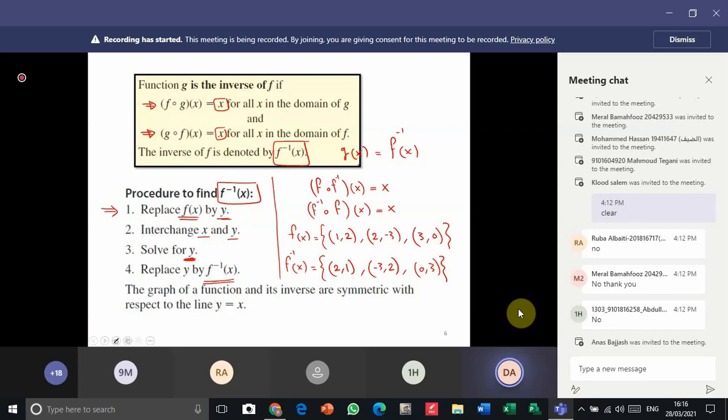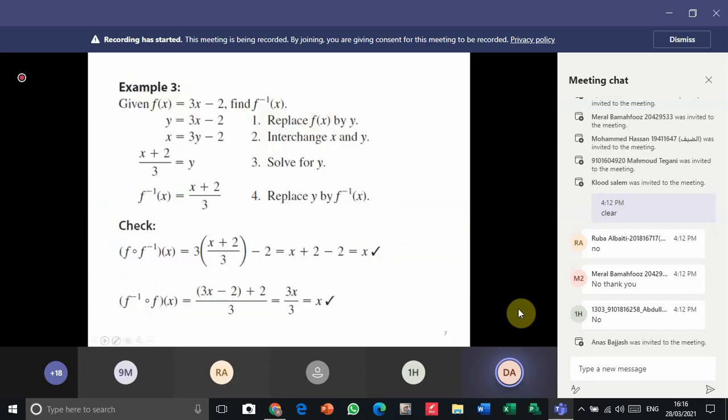Okay. Example about that. So we have 4 steps. Look at this. This is f of x, and we need to find the inverse. Firstly, replace f with y. So remove f, put y. This is the first step. The second step, replace: if we have y, put x. If we have x, put y. Okay, this is the second step.